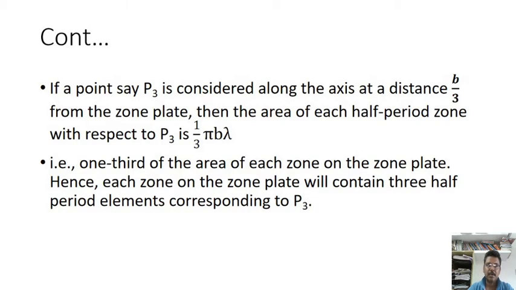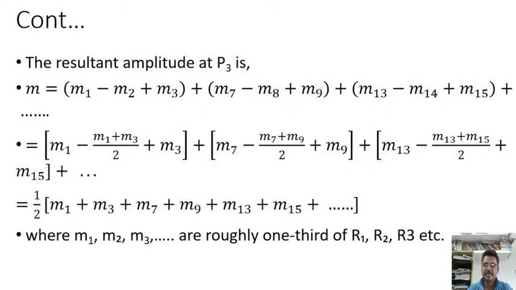That is 1/3 of the area of each zone on the zone plate. Hence, each zone on the zone plate will contain 3 half-period elements corresponding to P3.